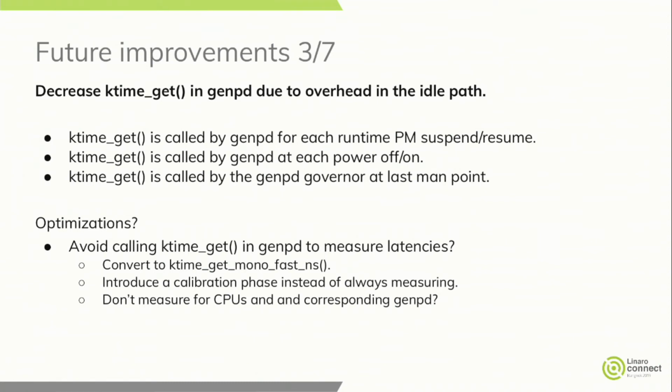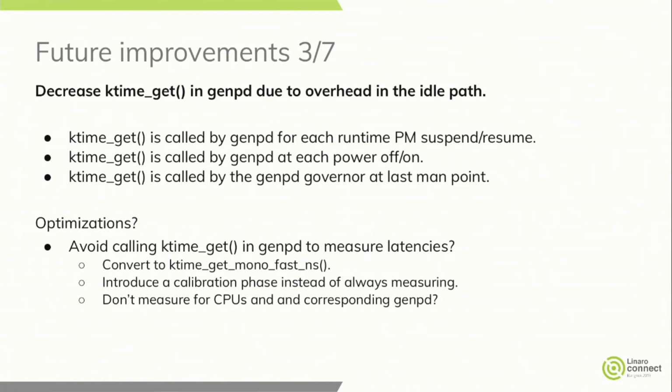There is a metric in NPD doing measurements for each of these runtime PM calls that enters NPD, and the measurement is kind of silly for CPUs, so we don't want them for CPUs. For regular devices, those measurements are done to understand how long it takes to suspend and resume a device, and they are later compared to the so-called dev PMQS constraints, which is a bit silly for CPUs.